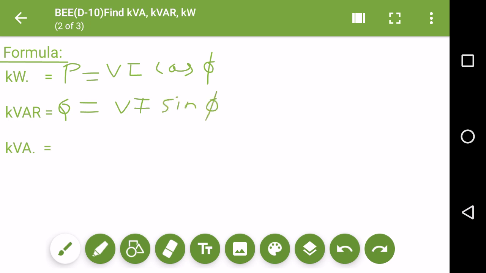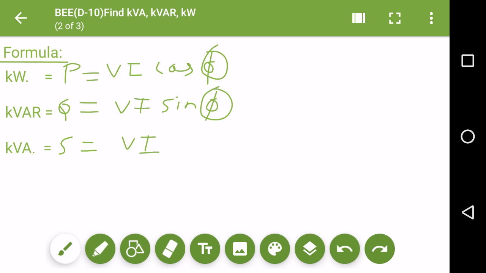And the third power, KVA, is called apparent power, represented by S, and its formula is V into I. So you can see in these formulas that we just require the voltage, the current, and the angle phi, which is the phase difference between voltage and current, to find the power which we are asked to find.